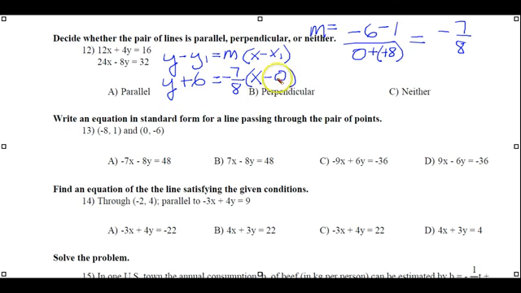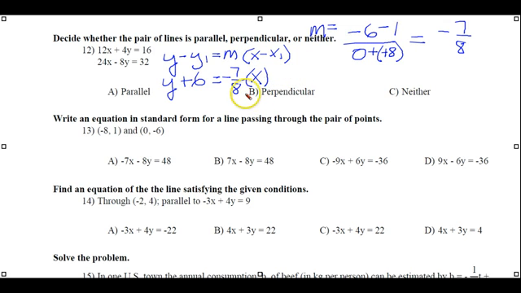Okay, now since this is a negative 0 here, theoretically we can get rid of this part and just put a line there.